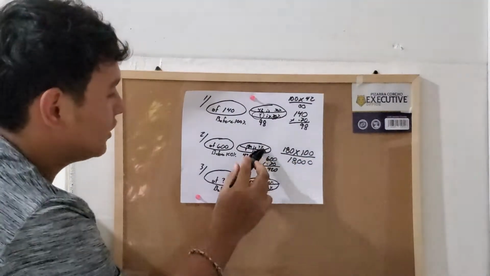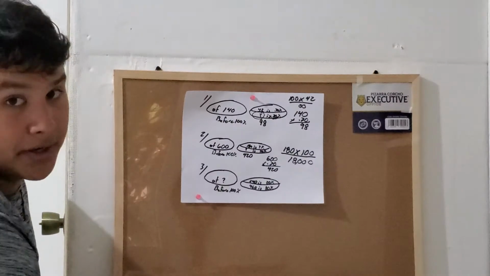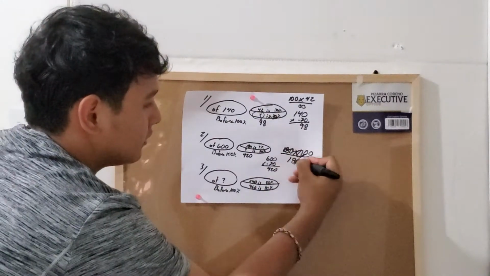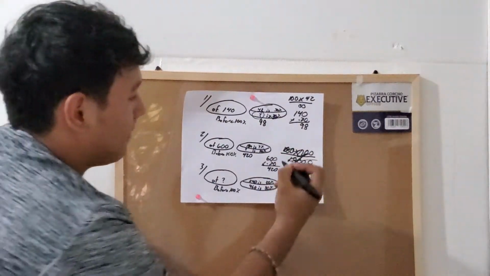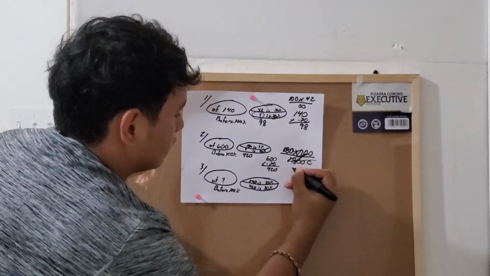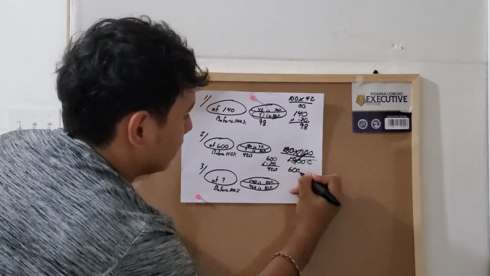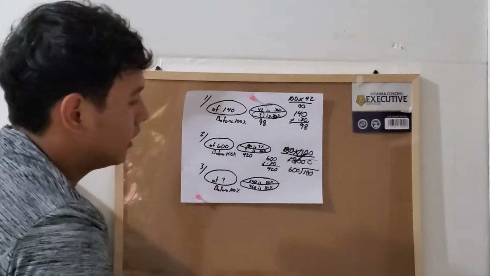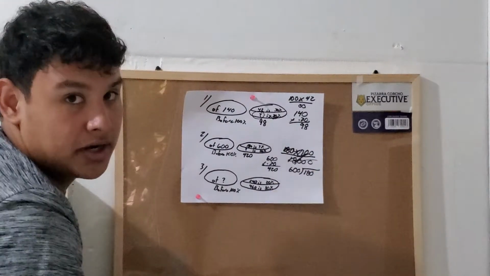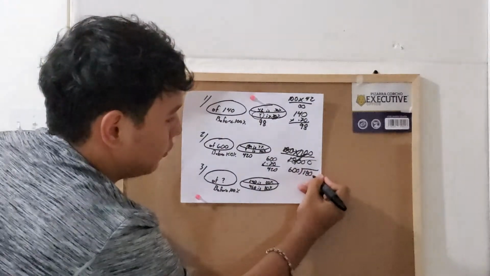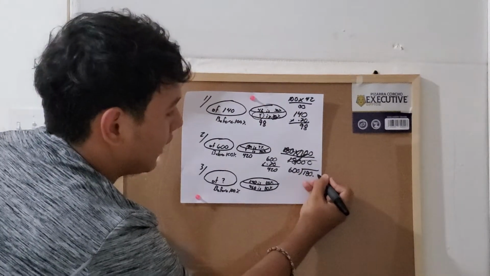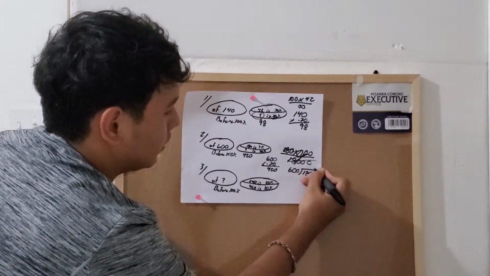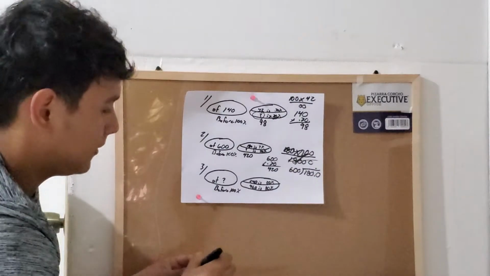Now, to find the percent, we have to divide. Sorry for this, you can ignore it. You have to divide 600 by 180. 600 does not fit in 180, so we put the decimal point here and add another 0, and put the decimal up here so we don't forget.